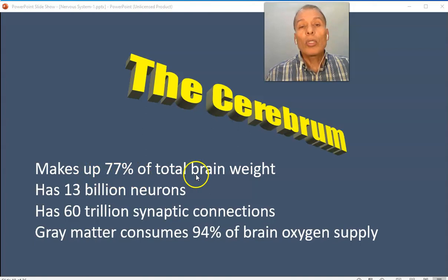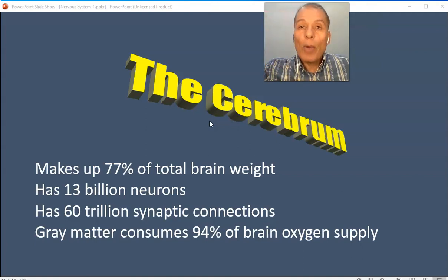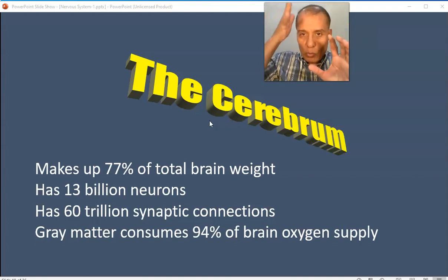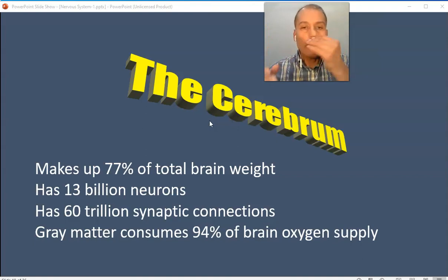The cerebral cortex, the cerebrum, do not confuse these terms. No, cerebellum, we explained it. Cerebrum is that big, gigantic structure that has one right hemisphere and one left hemisphere. The cerebrum is going to have a lot of landmarks that we will discuss. But it has more than 13 billion neurons, and they make more than 60 trillion synaptic connections.